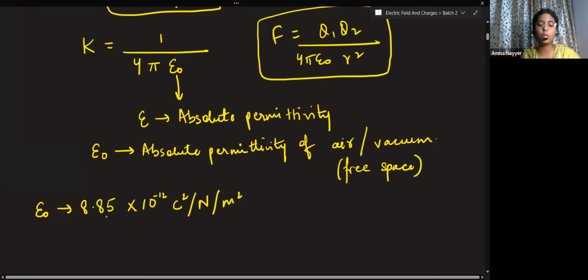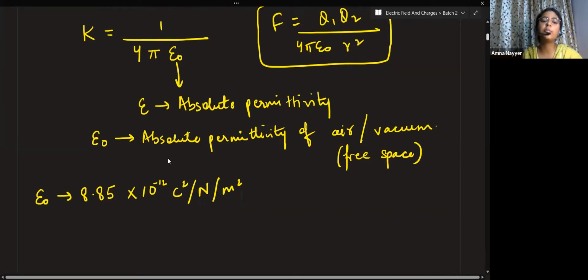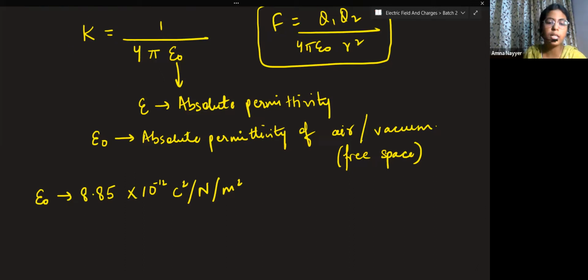Now see, if I have given you the value of permittivity of free space, you know what is 4, you know what is pi. So can we get the value of K? Is it possible for us to calculate the value of K by ourselves? Yes.